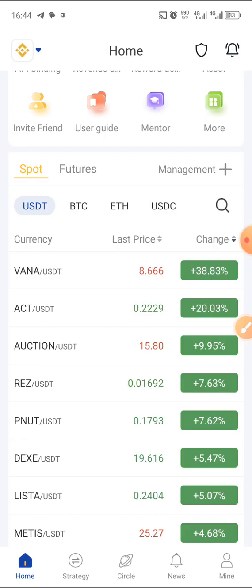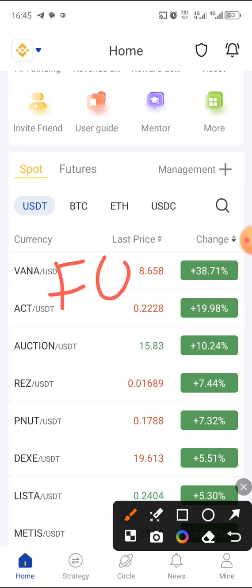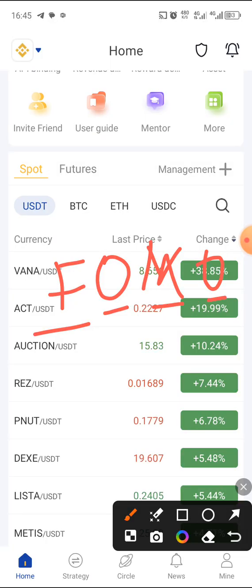Some of you suffer from what we call FOMO, fear of missing out. Like when you see a coin pumping, you also want to jump into it so that you don't miss out.